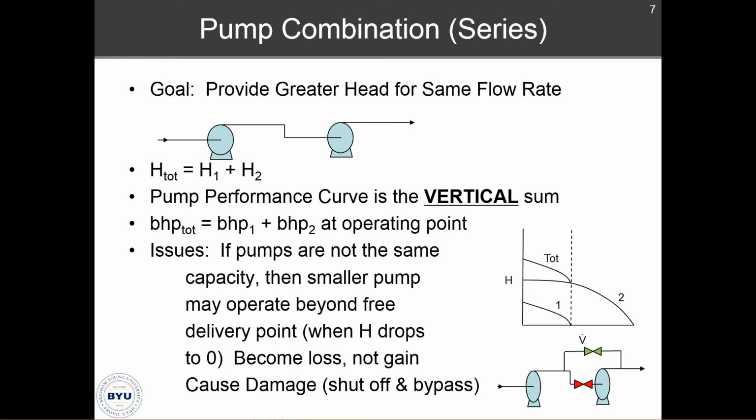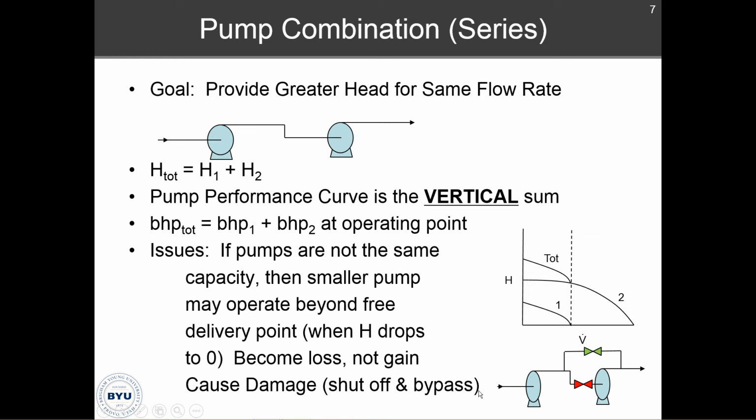Not only does that become a loss, you can damage the pump by stripping different components or ruining the magnetic coupling. Okay? And so therefore, this is a great option for increasing your head, but you want to be very careful that if you're using pumps of different size, that you're not operating above the free delivery point of the smaller pump.